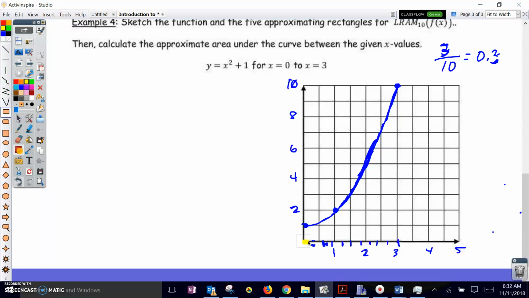I think these rectangles just might be too small for me to get underneath here. There's one. There's a second. Third. At least good enough for us to see what's going on. I missed that one a little bit. Let's pull that one back. There we go.